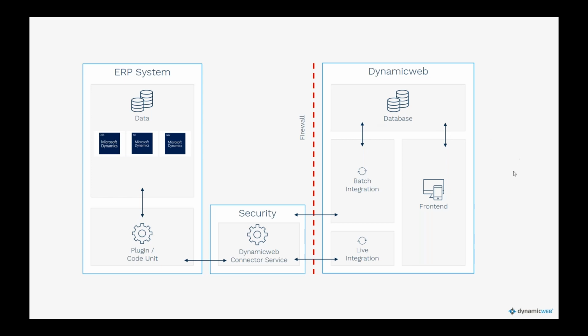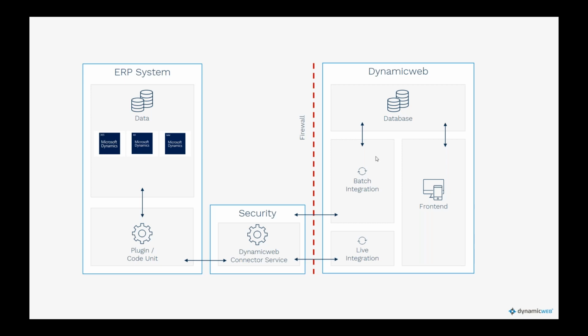On the other hand, if a customer logs in, let's say it's a B2B customer, then we will ask on a live basis, who is this customer? Which products should he be able to see? Which prices does he have? Does he have any information about his old orders, credit notes, invoices, and so on and so forth?